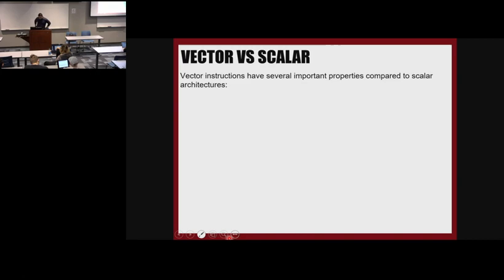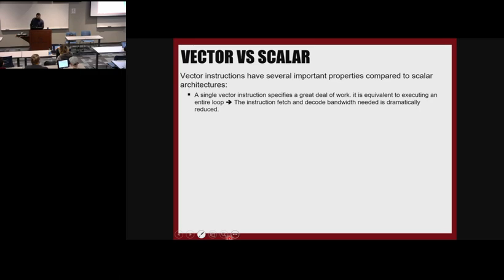All right, so with this information, let's see what are the advantages of the vector processor over a scalar processor so far. Based on what we just explained, what are the benefits of using a vector processor compared to a scalar processor? The first thing is, as we covered, a single vector instruction has way more information than a scalar instruction.